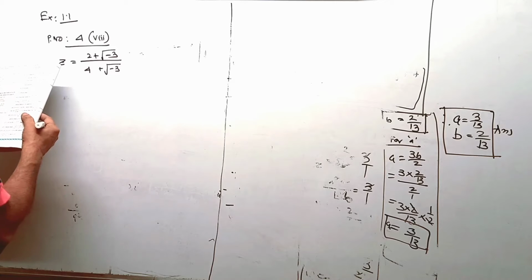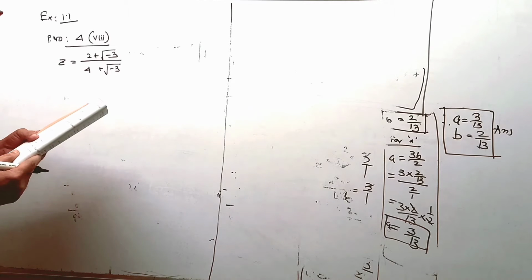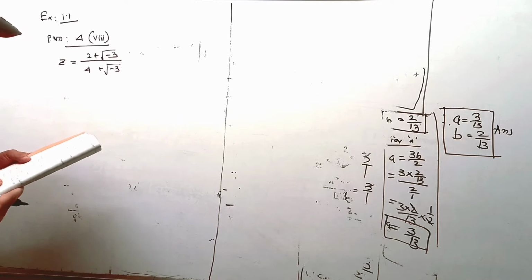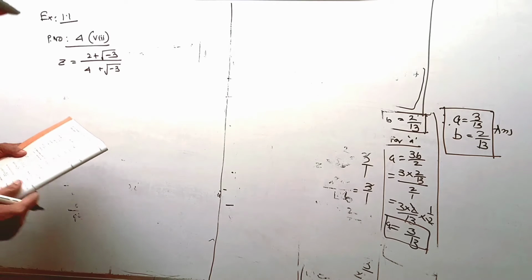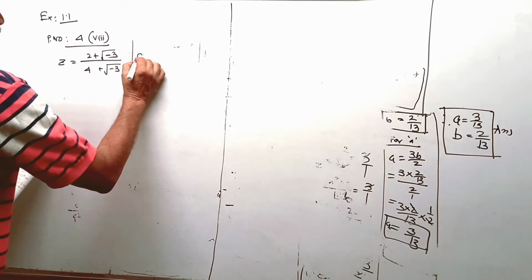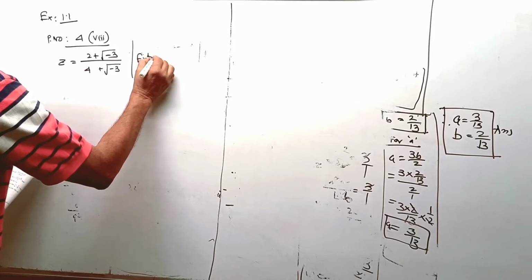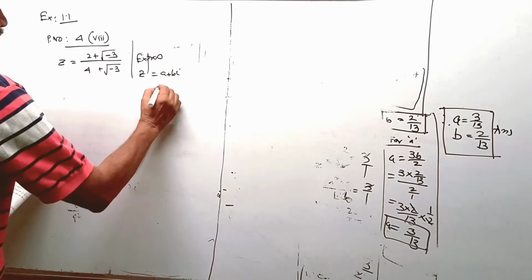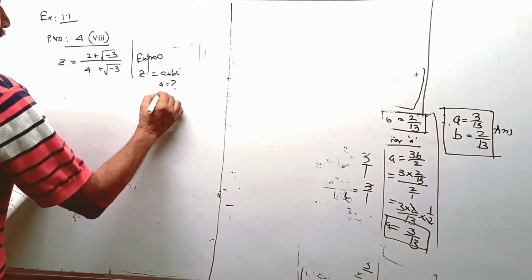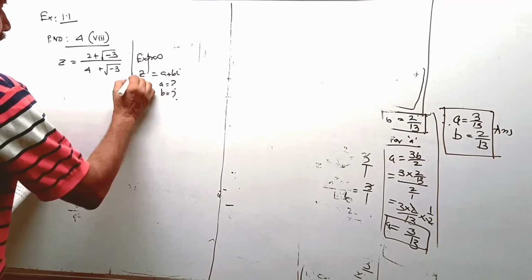Find this value and express it as z equals a plus bi, where a equals what and b equals what.